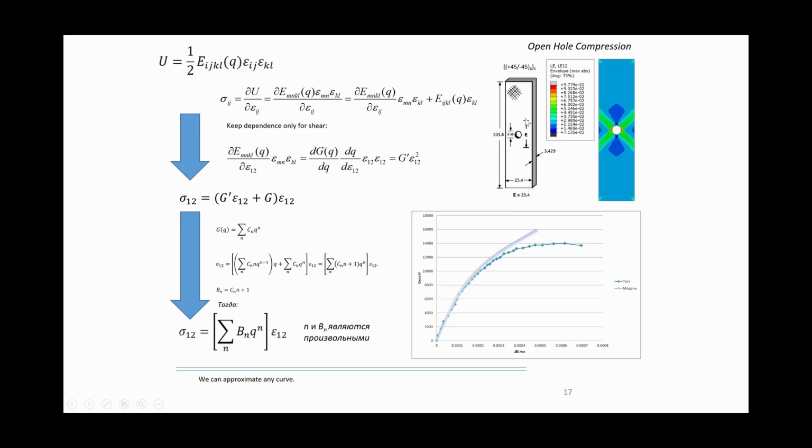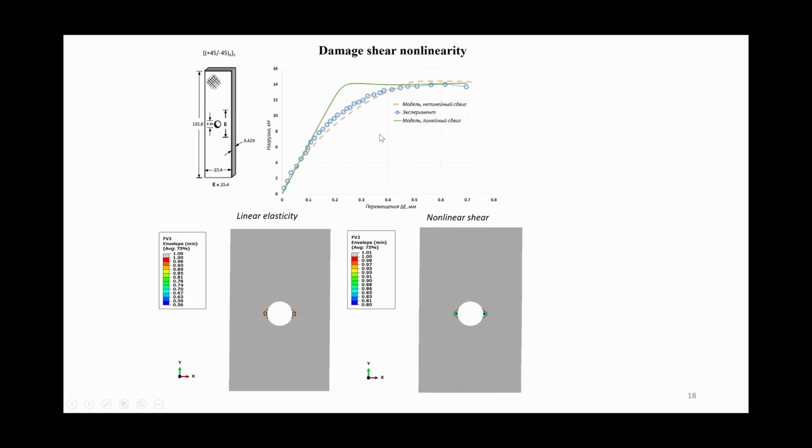For example, it's a compression experiment with a hole plus minus 55 degree layup, and here the modeling result, here experiment, but here we have damage. If we add damage, we can capture completely this curve, and it's interesting when we use nonlinear elasticity, the damage looks different in this case.